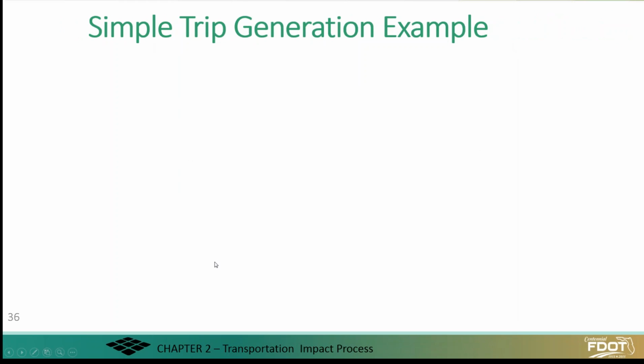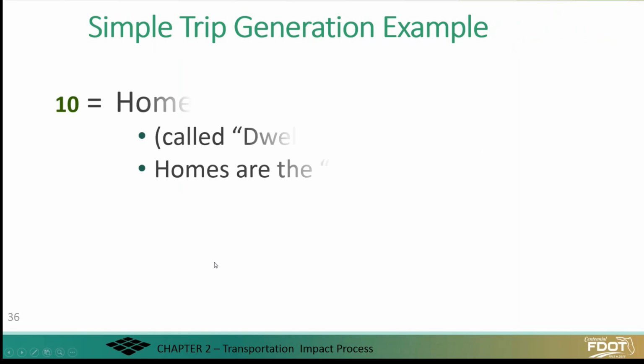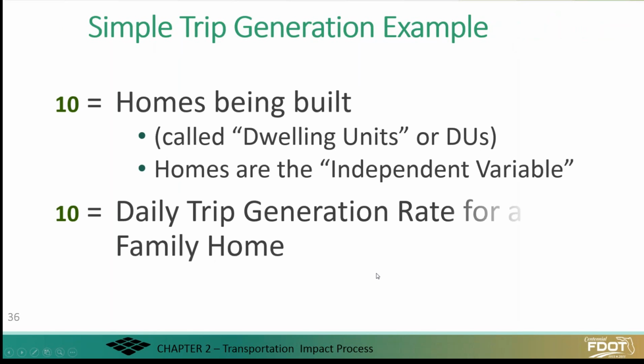All right, let's look at one simple trip generation example. Let's say we have 10 homes being built, and there are 10 daily trips generated by each single home.